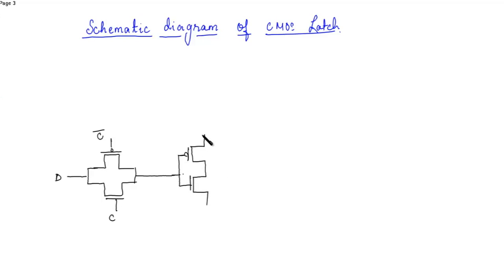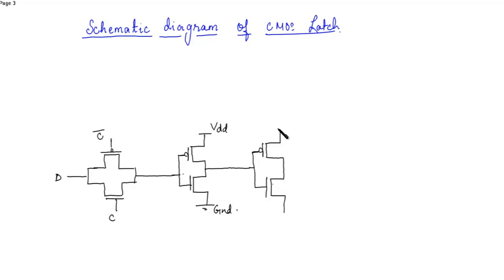So this is VDD and this is ground. So this will just act like a buffer. So we'll connect another inverter, PMOS and NMOS.